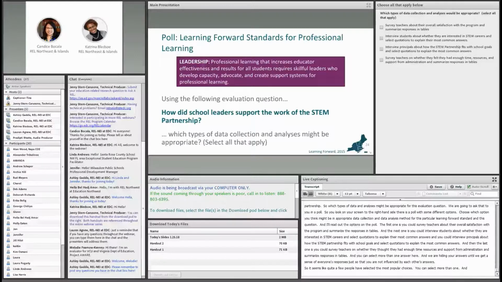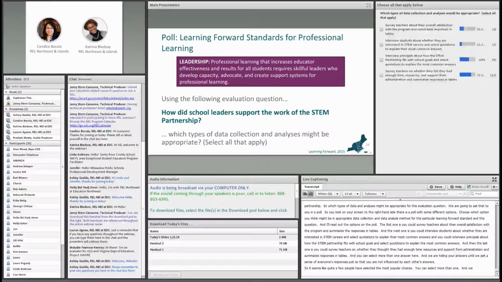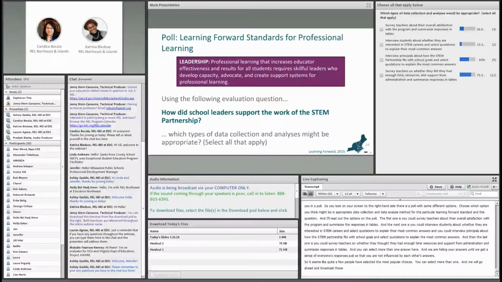And we'll go ahead and broadcast those results just so that everybody can see what are the most popular choices. So according to this data, it does seem like most people think that interviewing the principals as well as surveying teachers about resources that were provided to them and support from the administration seem to be the best way to try to gather and analyze data that's reflecting this question.